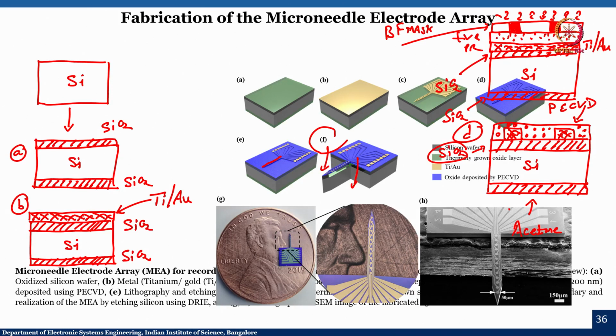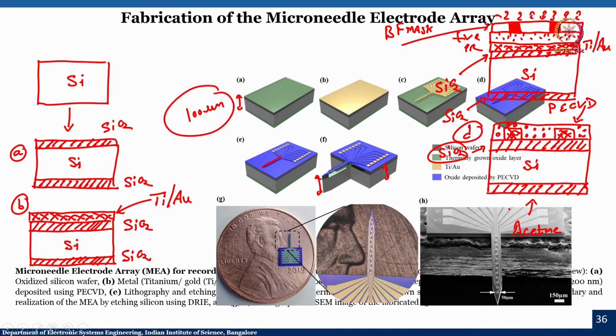Now why do we not have to do front to back? Because the wafer that we start with is only about 100 microns in this case. So the thickness of the cantilever can be 100 microns. Sorry, this is not a cantilever, the microneedle is only 100 microns. It looks like a cantilever, but here it is not released, it is thick. So it is a microneedle. The thickness is similar to the thickness of the silicon here, and like I said, it is 100 microns.